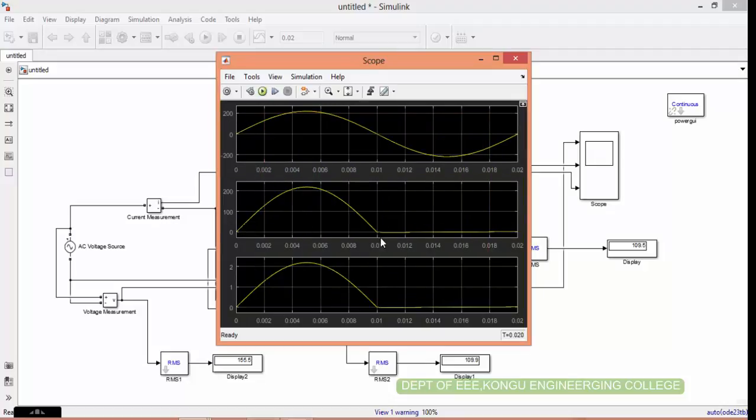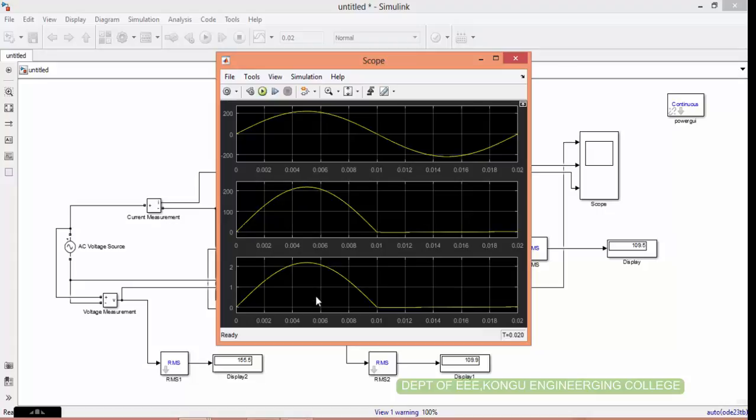Now let us assign the time period value for all the waveforms. You can see that the time period taken to complete one cycle is 0.02 seconds. From 0 to 0.01 the positive cycle is completed, and from 0.01 to 0.02 the negative cycle is completed.